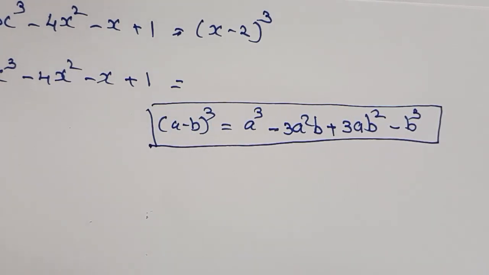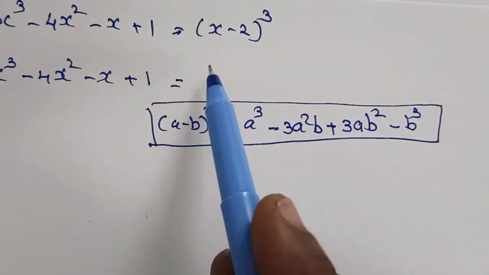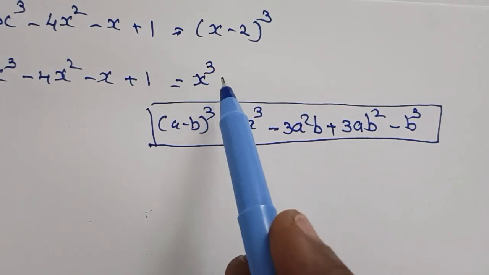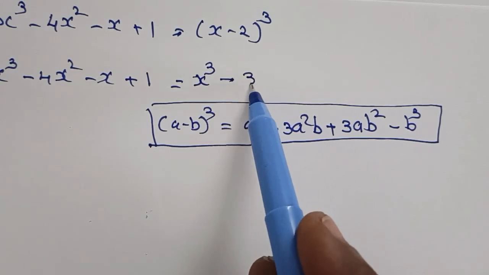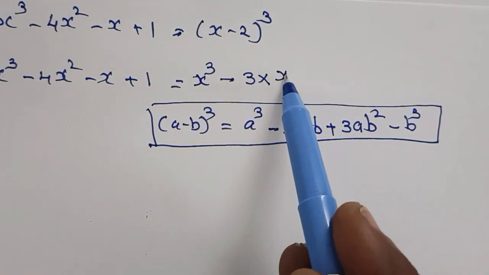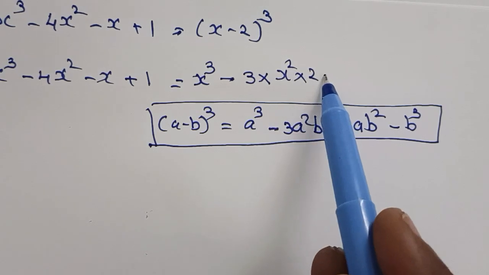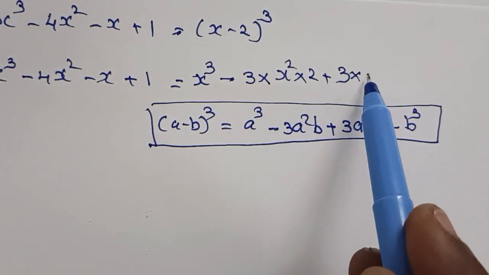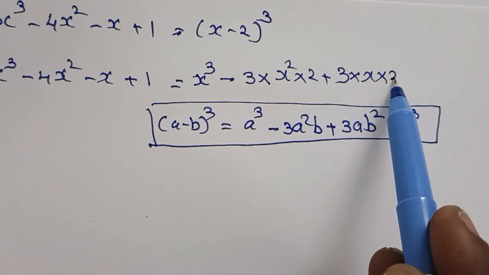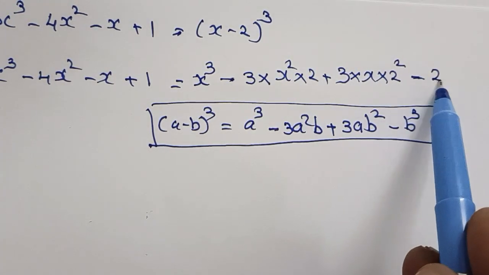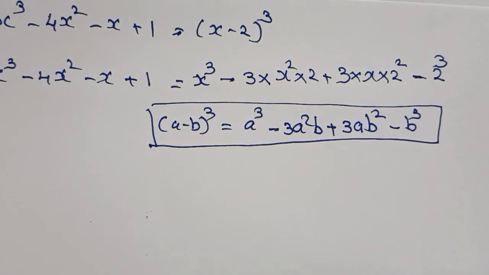When you expand using this identity, RHS will become a cube, that is x cube, minus 3 into a square into b, that is x square into 2, plus 3ab square, 3 into a which is x into b square which is 2 square, minus b cube which is 2 cube.